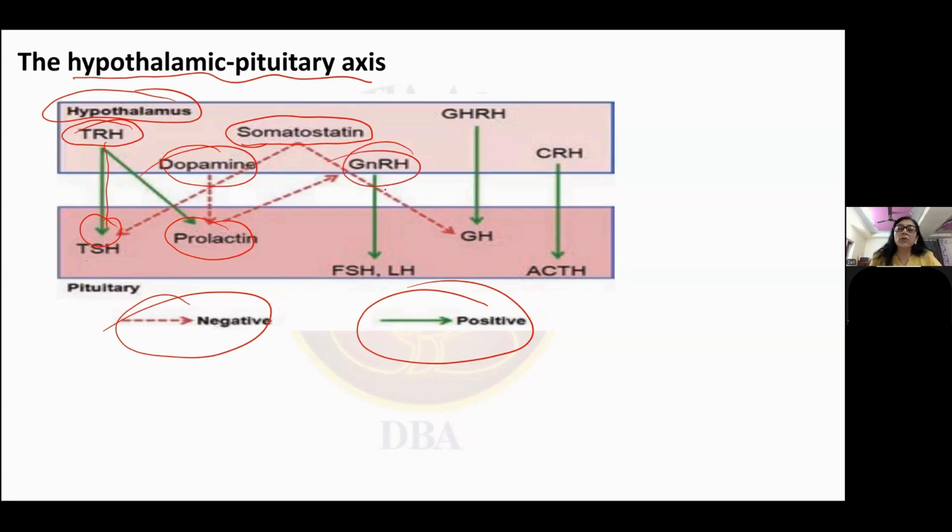Gonadotropin releasing hormone will stimulate gonadotropins, that is LH and FSH, from the anterior pituitary. GHRH, that is growth hormone releasing hormone, will stimulate the growth hormone, and corticotropin releasing hormone will stimulate the adrenocorticotropic hormone from the anterior pituitary.